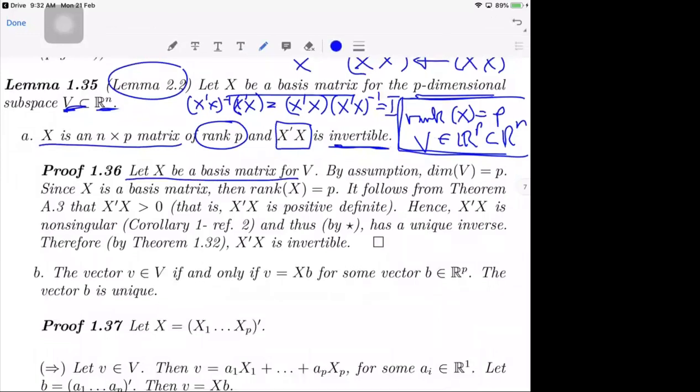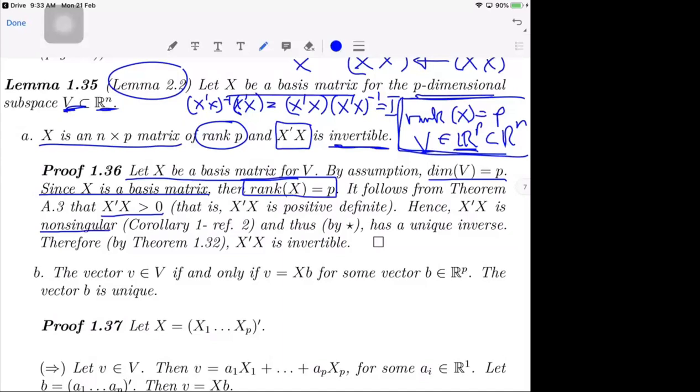Let X be a basis matrix for V. So by assumption, since V is an element of R^p, the dimension of V is p. And since X is a basis matrix, the rank of X is p. So it follows that X prime X is positive definite. And if it is positive definite, it is non-singular.